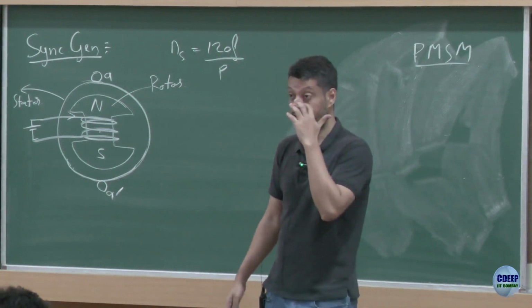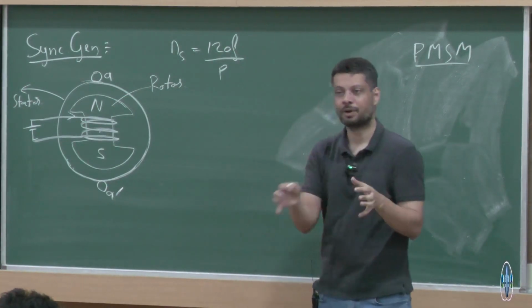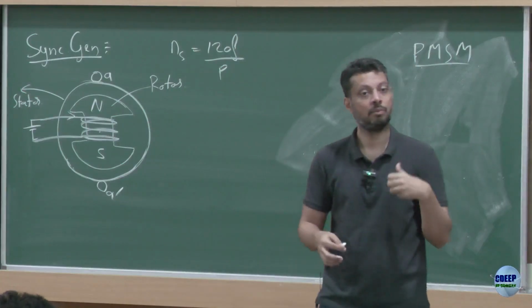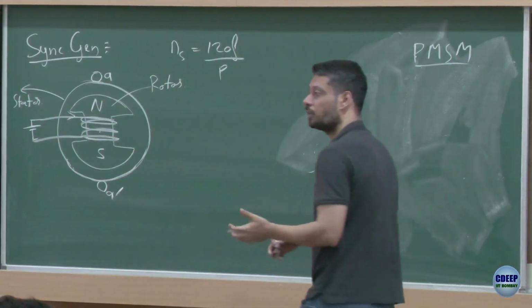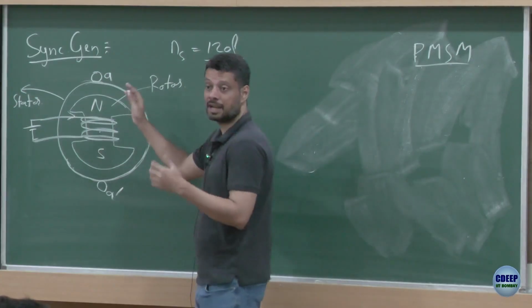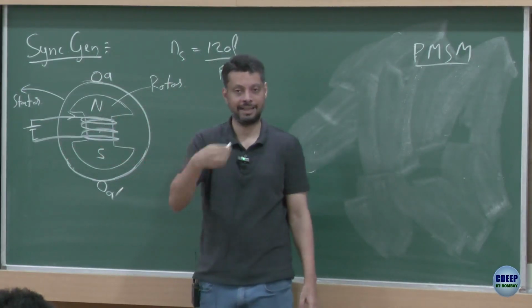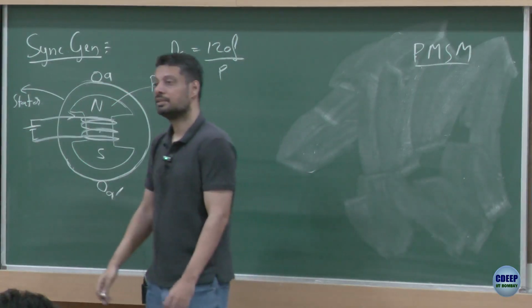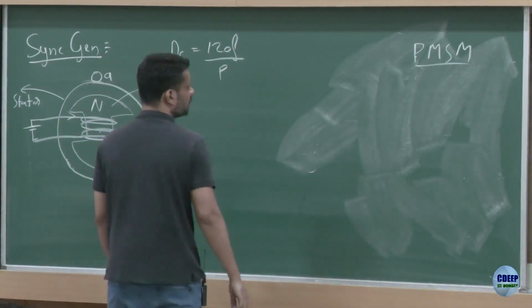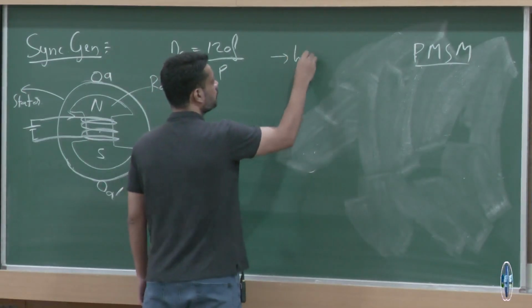So a permanent magnet rotor is usually used for low power applications, mostly for motoring mode. For generation, especially for high power, you use a wound rotor. Wound rotor means you have a winding. Is that okay? So wound rotor versus permanent magnet.